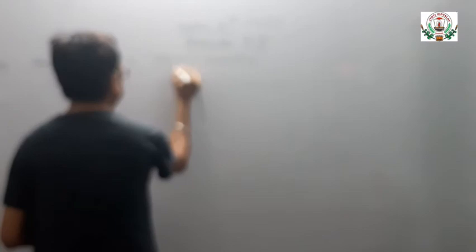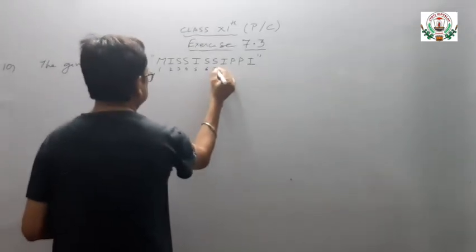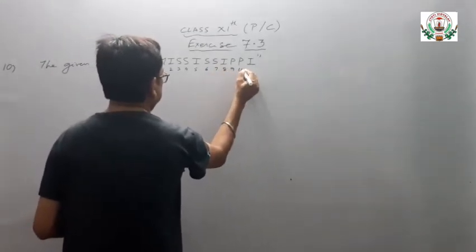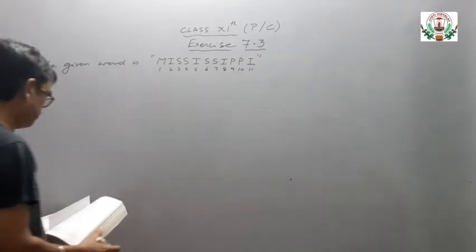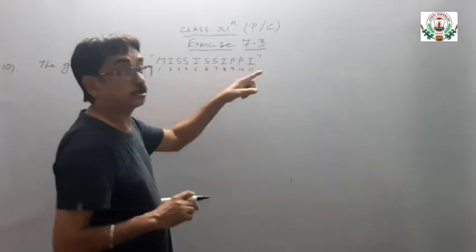That is 1, 2, 3, 4, 5, 6, 7, 8, 9, 10, 11 letters. So the given word is Mississippi, and we have to form the distinct permutations when these 4 I's do not come together.